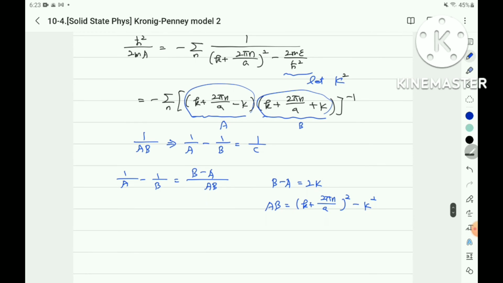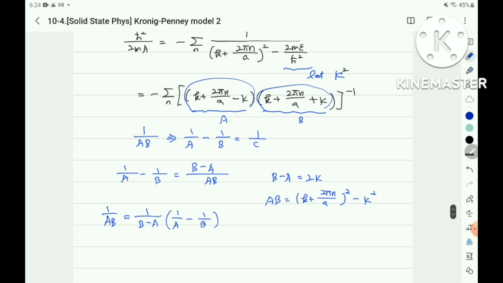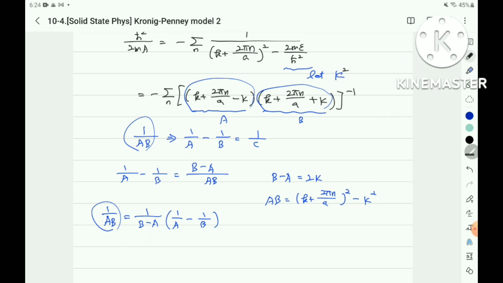And therefore, from this relation, 1 over ab is 1 over b minus a times 1 over a minus 1 over b. Therefore, it is 1 over ab, and this term is 1 over ab.